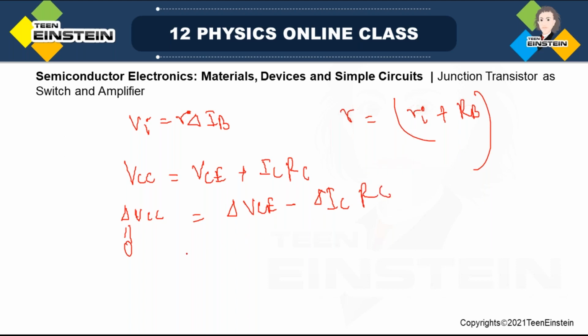So the change in the output voltage, delta VCE, is equal to minus delta IC into RC.